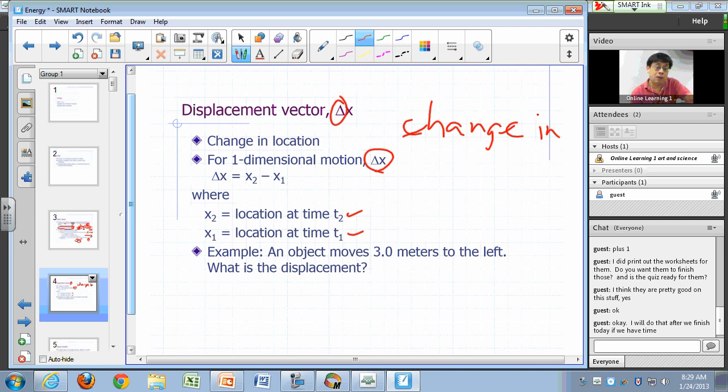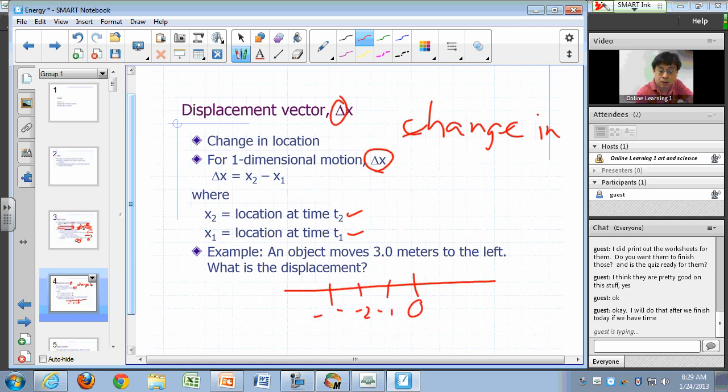So, for example, if an object moves 3 meters to the left, what's the displacement? Let's say this is 0, -1, -2, -3. What's our displacement?